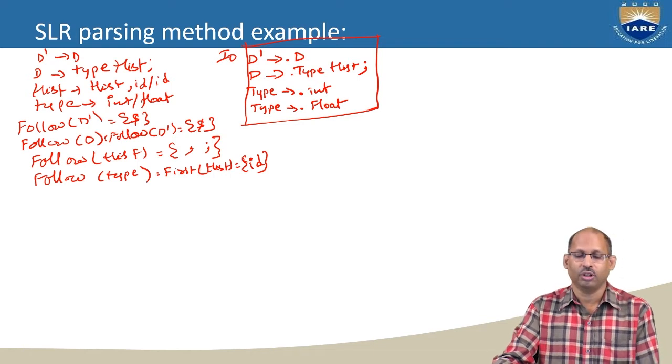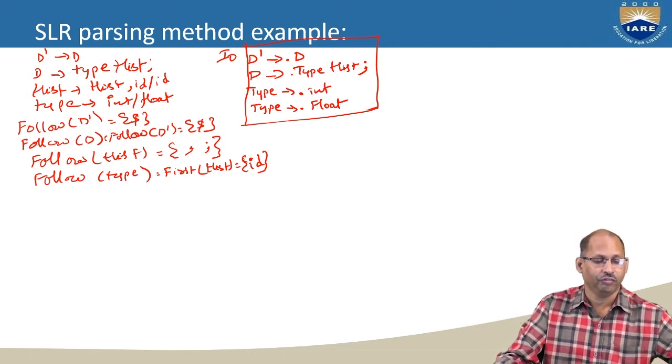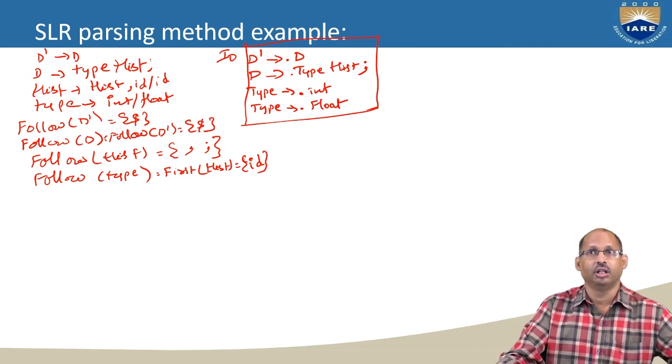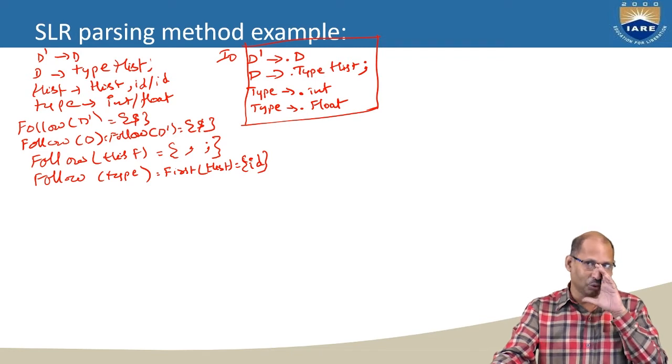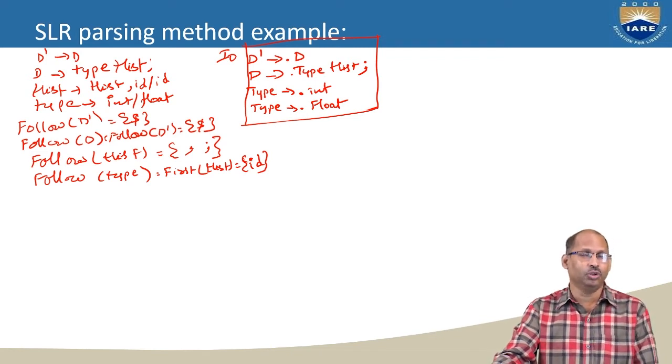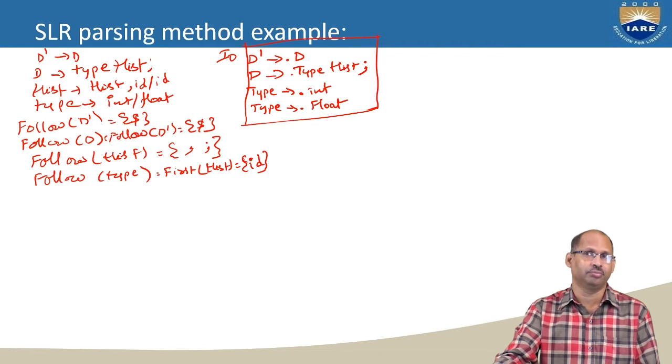Right? Now we write go to operations on this I naught. We have done the closure operation. From this closure operation, we have to apply the go to operations. What are the symbols followed by dot?